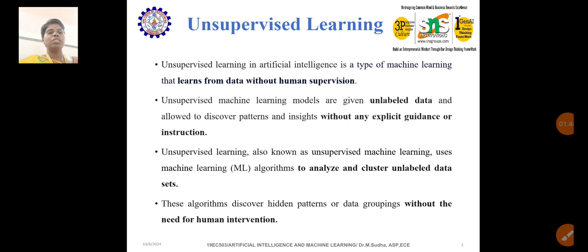Based upon this it will group together, and this shape may be a cat or it may be a rat. Likewise, it will predict and give the output. This is how the unsupervised learning process takes place in machine learning.